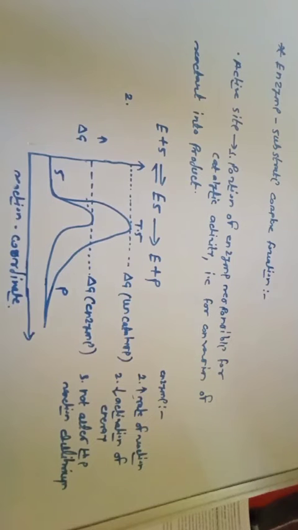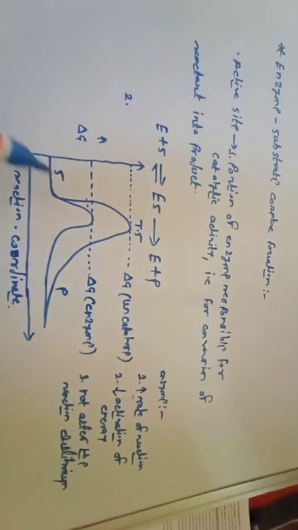In this graph, the substrate is converted into the product, in absence of catalyst, that is in absence of enzyme, and in presence of enzyme. Look at the difference of delta G which is necessary to convert the substrate into the product. The minimum energy required to convert the substrate molecule into the product is nothing but the activation energy. So in presence of enzyme, the activation energy gets lower as compared to the uncatalyzed reaction.